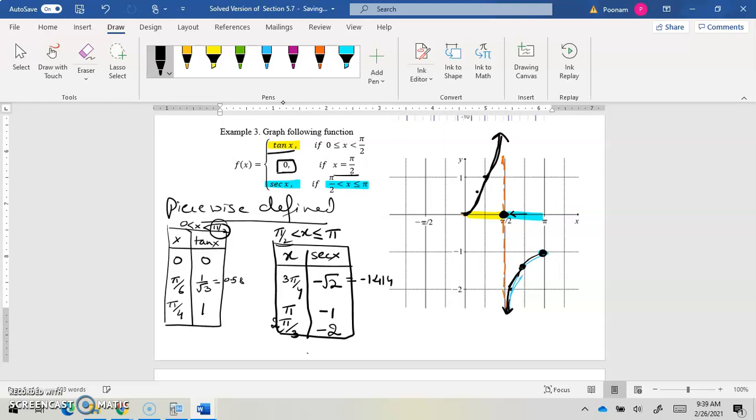So the graph is only defined from 0 to pi, in between those 2 points, right? So this is a solid point because at 0 the function is defined. On this side just draw an arrow, and on this side just draw an arrow. And make sure, if you miss this one solid point at pi by 2, then you lose the score, because the function is defined at pi by 2 to be 0.